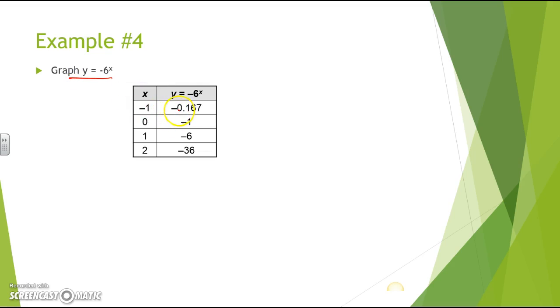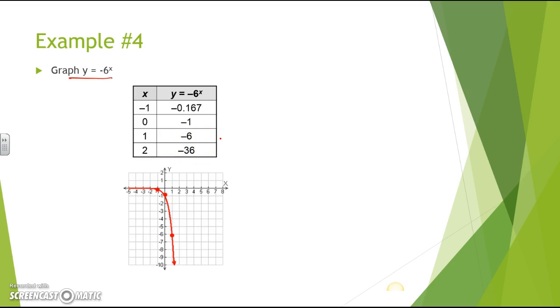So we get -0.167, -1, -6, and -36. And to graph this, here's my exponential function right here. Notice this exponential function looks a little bit different than the previous ones, but when you have a negative sign in front of your constant value, this is what your exponential graphs are going to look like.